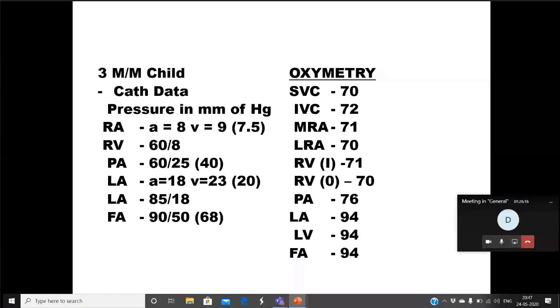So, what is the normal pattern or regression of the pulmonary vascular resistance? There is a 50% decrease in the pulmonary pressure with the first breath itself. Yes, 50% of the pulmonary vascular resistance will drop as soon as the child takes the first breath.